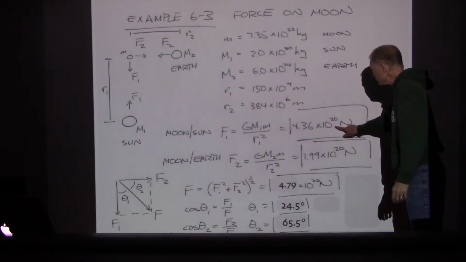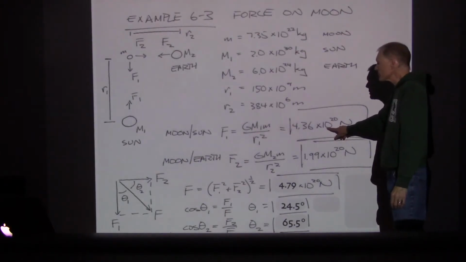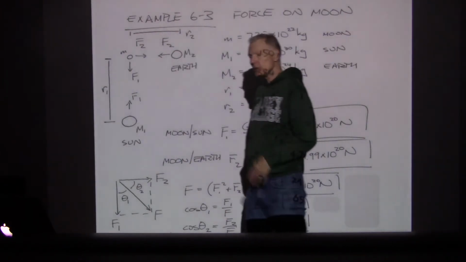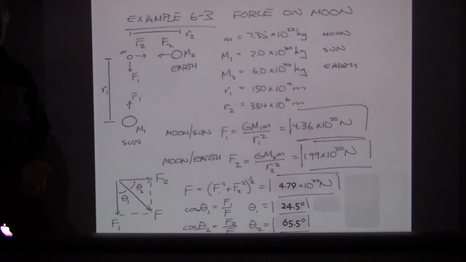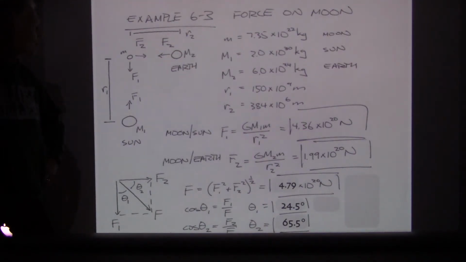These forces are actually kind of similar. The force from the sun acting on the moon is about twice what the force from the Earth is. So that's kind of an interesting coincidence, I guess, that the moon experiences about the same amount of force from the sun as it does from the Earth.